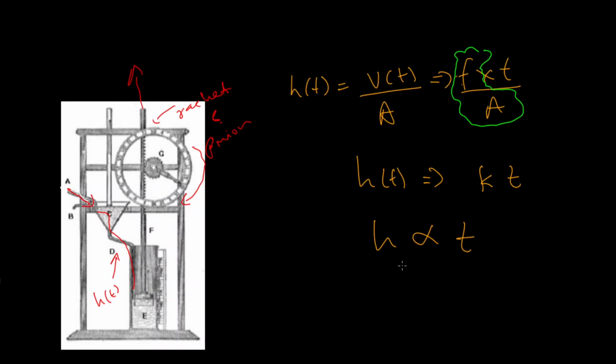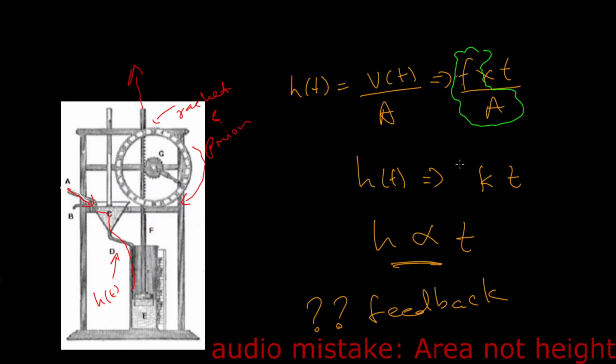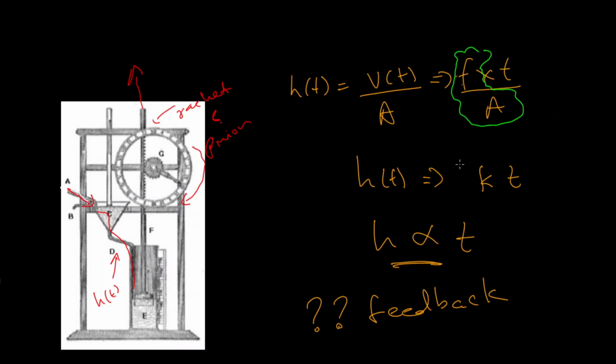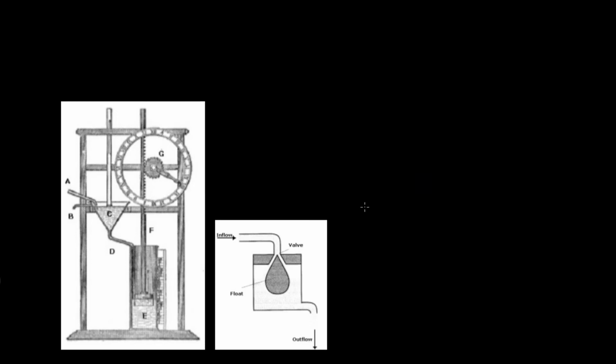But what is the feedback here? The feedback should be a system that maintains flow rate, because height will not change automatically unless the whole thing morphs into a different machine altogether, like some kind of futuristic sci-fi tech.